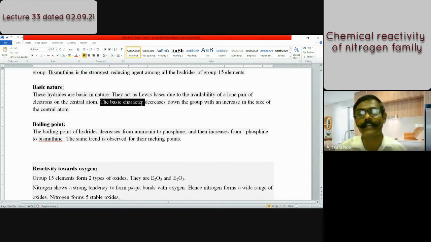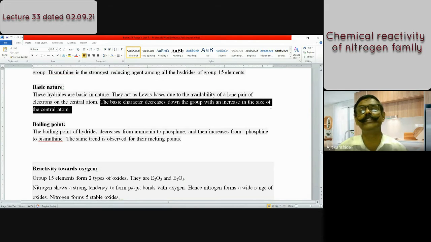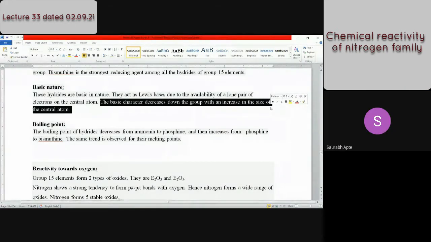The basic character decreases down the group with an increase in the size of the central atom. So the lowest hydride, bismuthine, is a weak Lewis base compared to ammonia. So basic nature decreases. Is that point clear? Yes, sir. Okay.